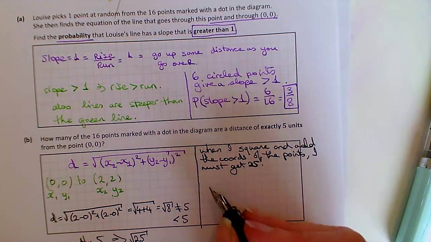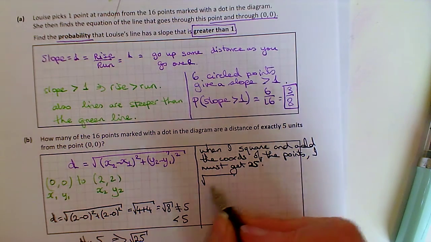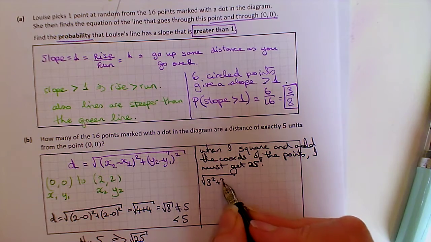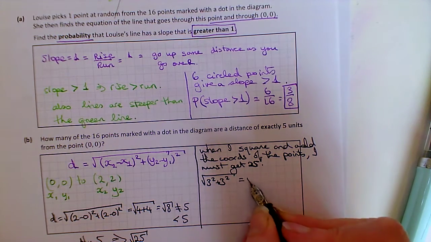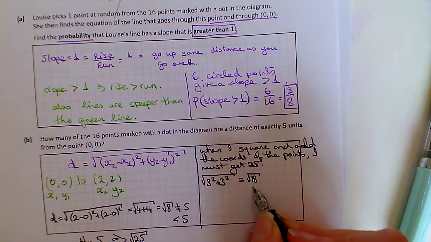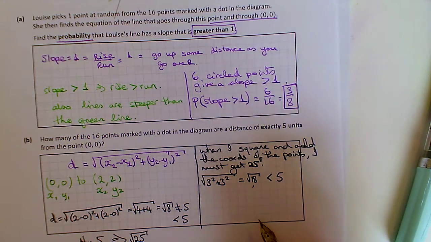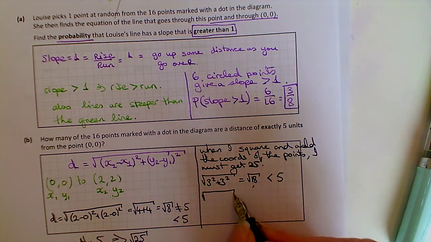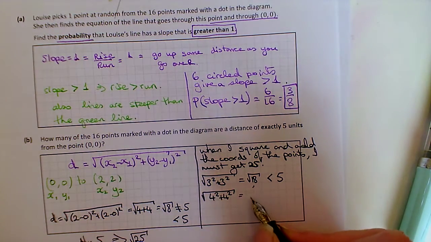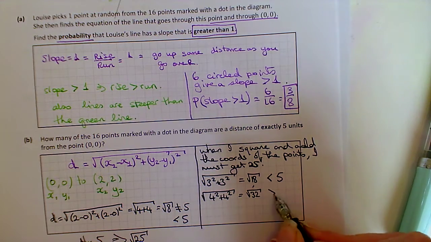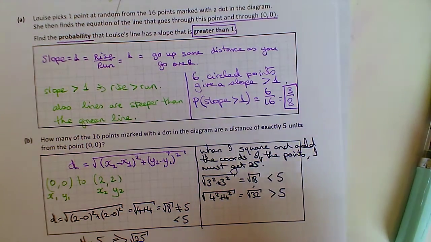What about 3, 3? The square root of 3 minus 0 squared plus 3 minus 0 squared is the square root of 18. That's less than 5 because it's the square root of something less than 25. What about 4, 4? 4 squared plus 4 squared gives me the square root of 32, and that's bigger than 5. Okay, so here's my point 3, 3, back to my diagram.